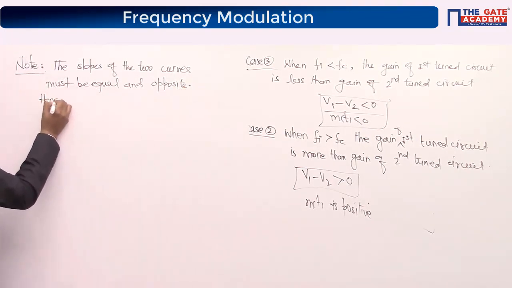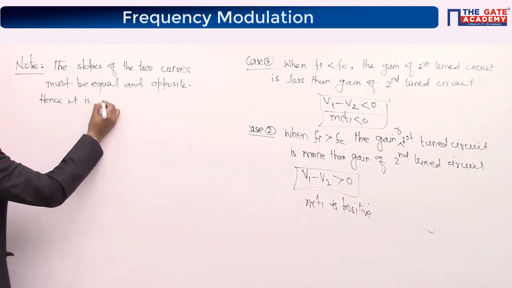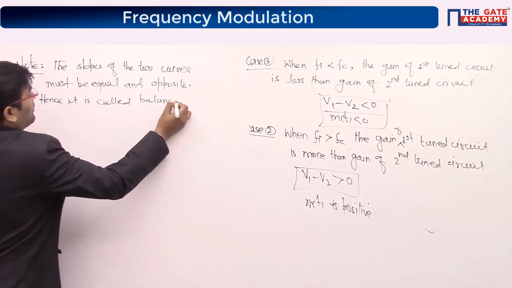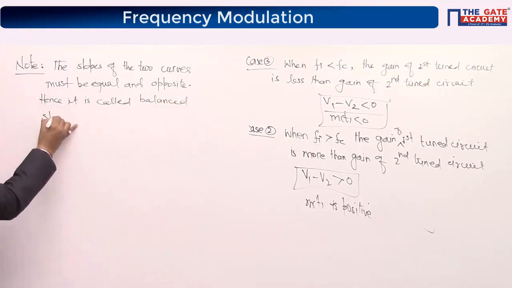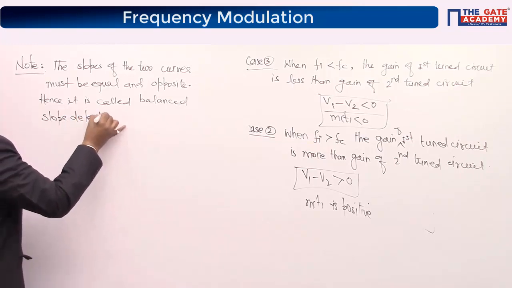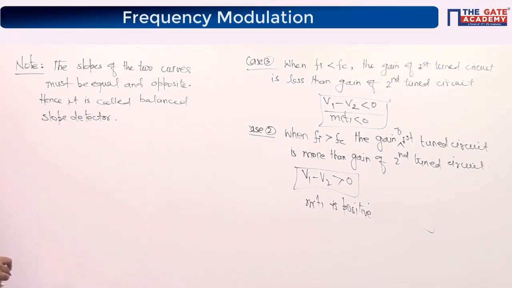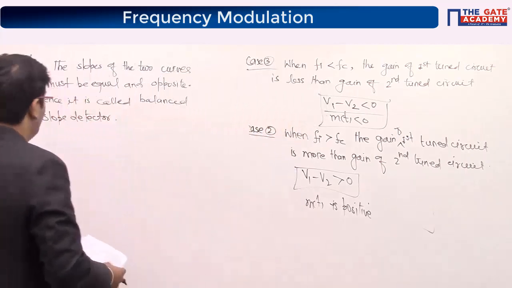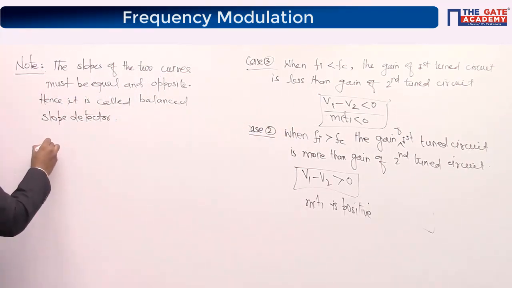Hence, it is called balanced slope detector. Yes or no? Now guys, I am going to give you the circuit diagram for this.